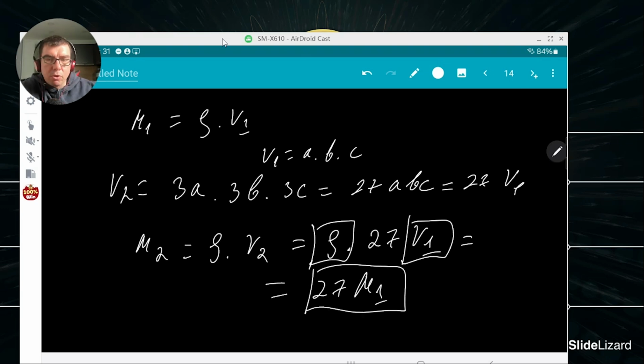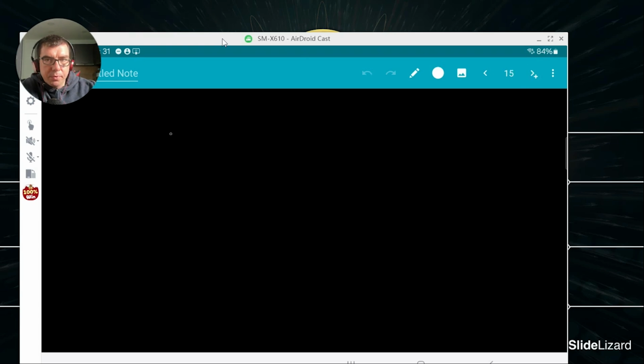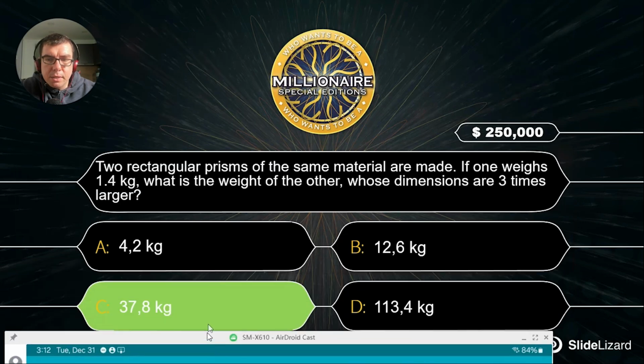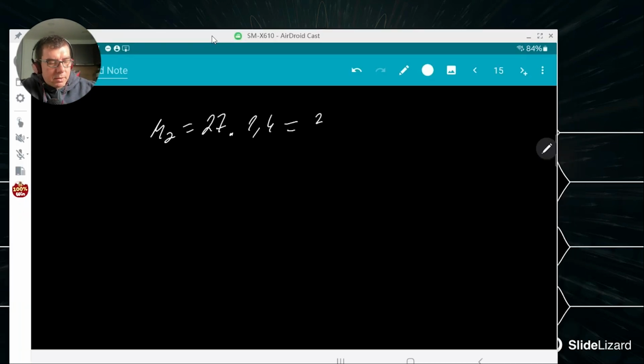Because the volume is 27 times larger, and they're made of course of the same material, so the density is the same, the mass will be 27 times larger than the mass of the first. And we just multiply. So M2 is 27 times 1.4, and this will give us 37.8 kilograms.